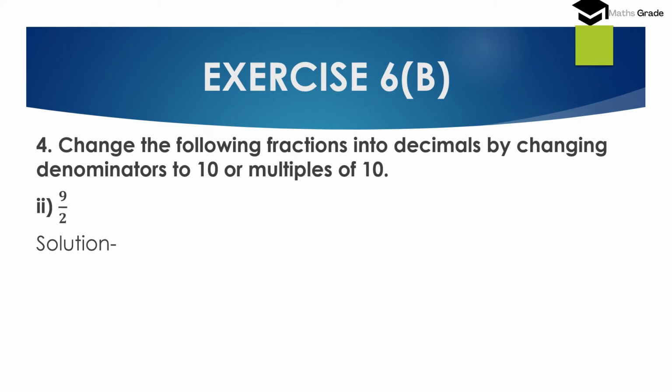Now question second bit, 9 divided by 2. Here 9 divided by 2 is in fraction form, where 9 is the numerator and 2 is the denominator. Now we have to convert this fraction 9 divided by 2 into decimal by changing the denominator to 10 or multiples of 10. In the denominator 2, if we multiply 2 with 5, then we will get 10.